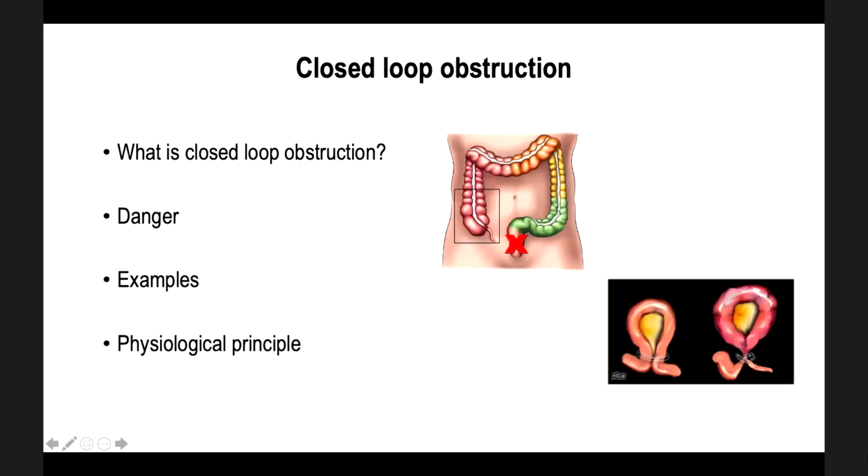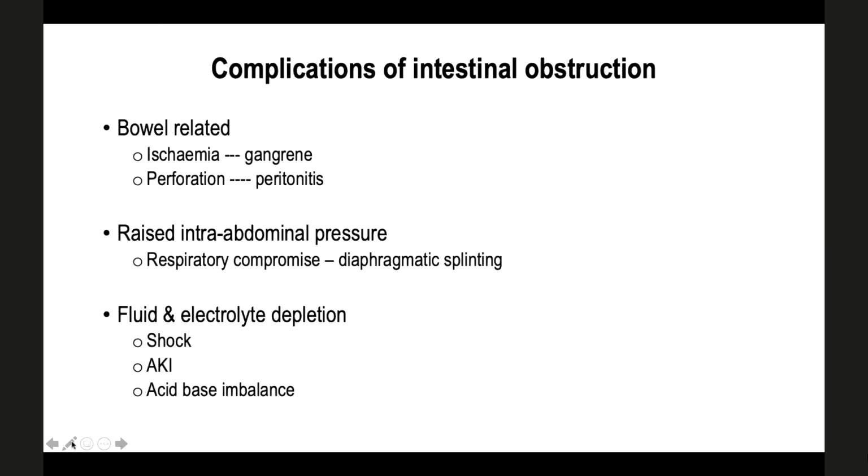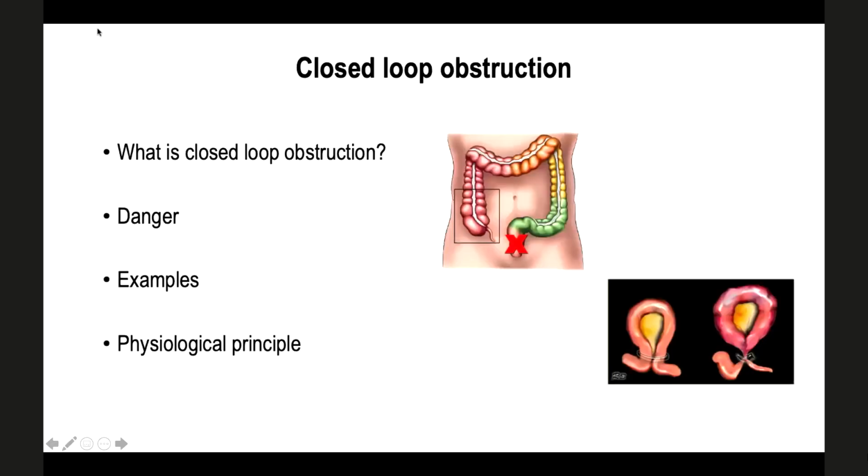There's another kind of intestinal obstruction that you may have heard about, and that is called closed loop obstruction. Now, what is closed loop obstruction? If you take a hollow viscus like the intestine, let's say it's like that.